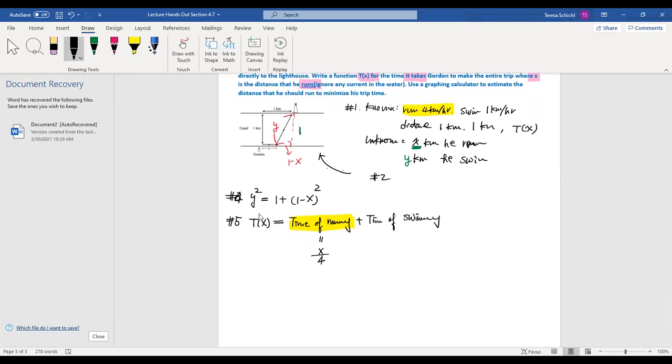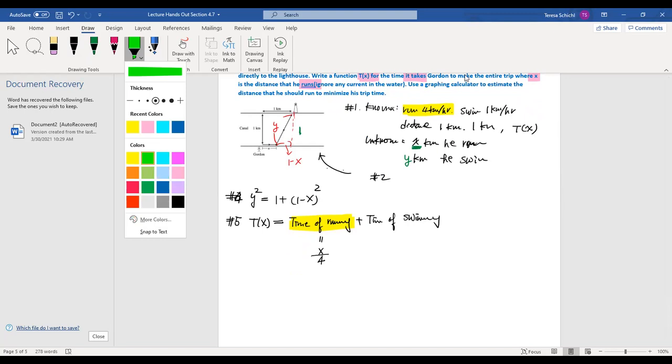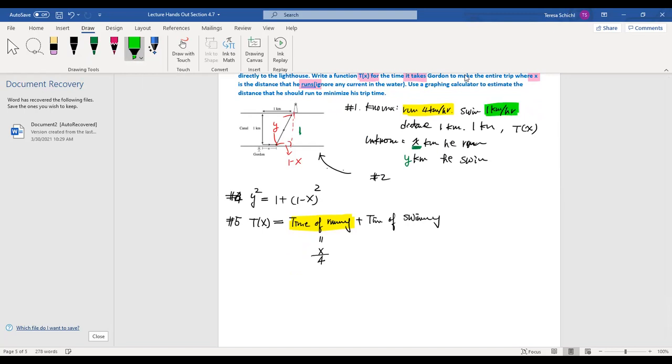And then it also says the swimming speed is 1 kilometer per hour. So what is the time you're going to swim? For the swim, it's the y, right? I know y is the square root of 1 plus (1 minus x) squared.